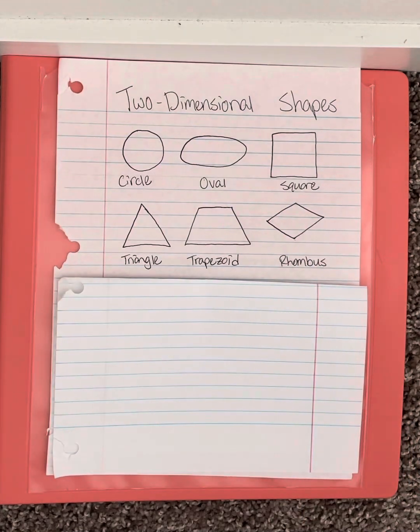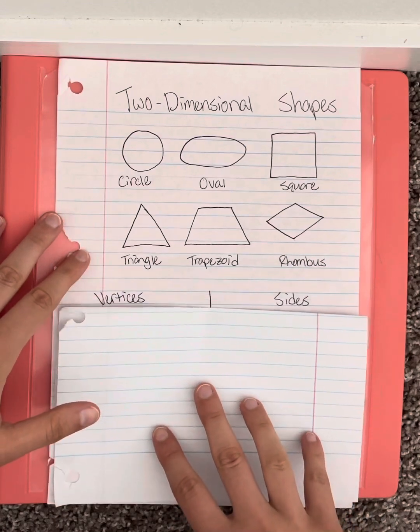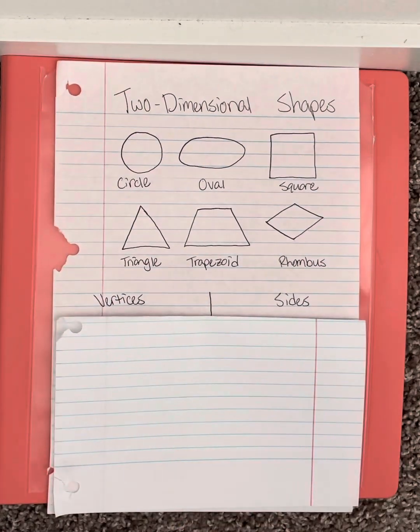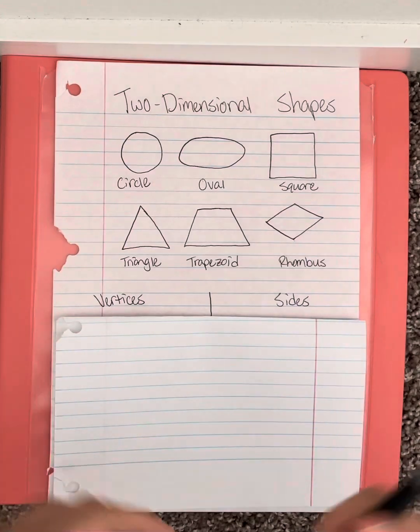So, in order to classify and sort these two-dimensional shapes based on their attributes, I chose 2 different attributes that we are going to be sorting these shapes into. And those attributes are vertices and sides. If you don't know what vertices or sides are, vertices are where 2 sides meet.